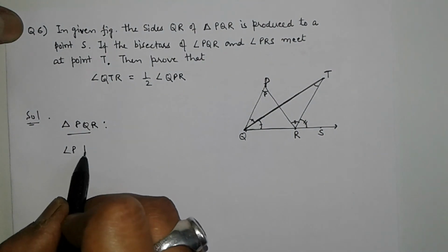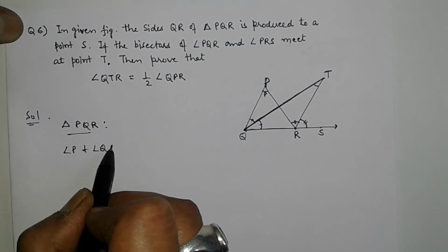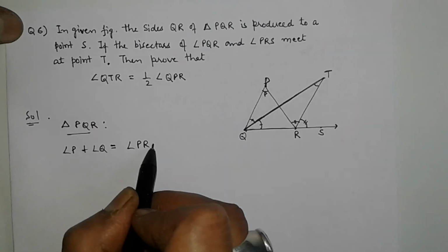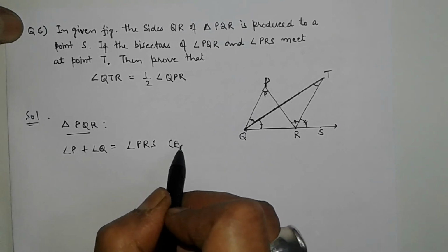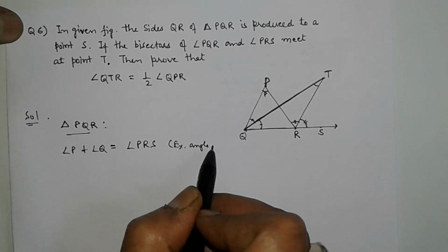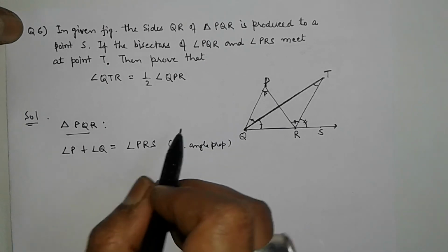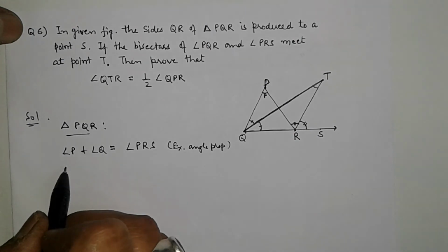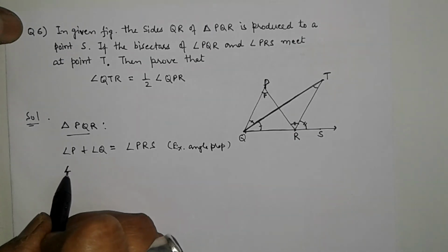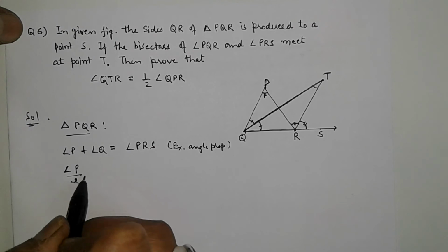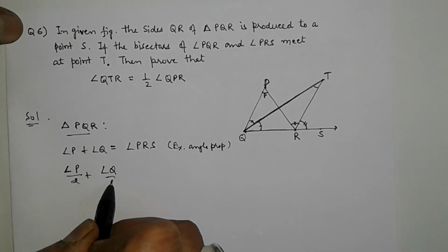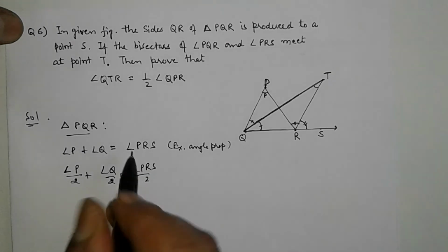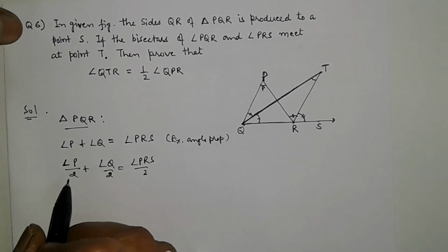Angle P plus angle Q is equal to angle PRS, by the exterior angle property. Now make half of that: P by 2 plus Q by 2 is equal to angle PRS divided by 2. So P by 2, leave it like that.